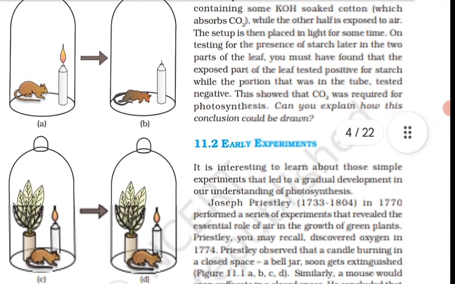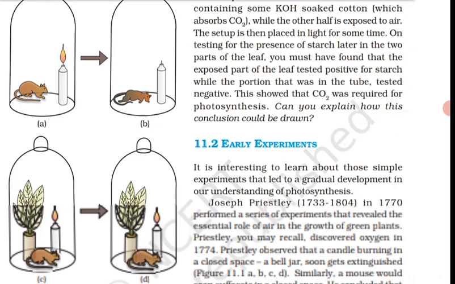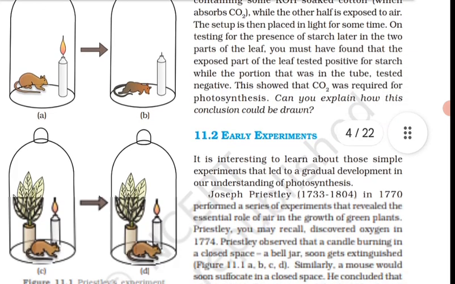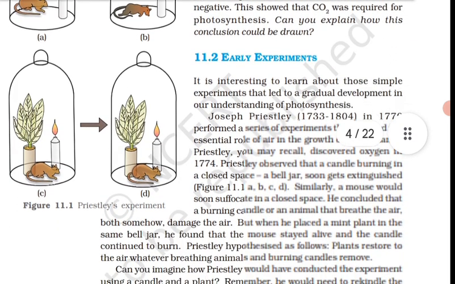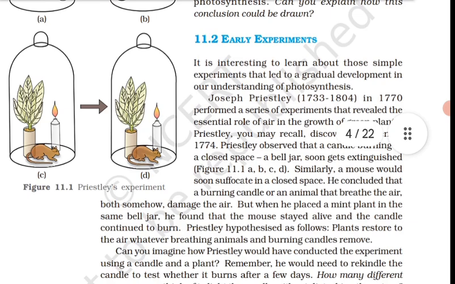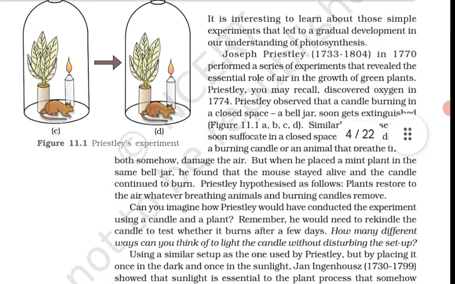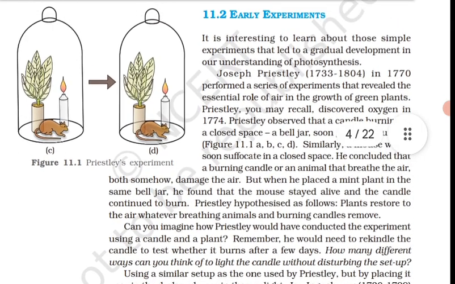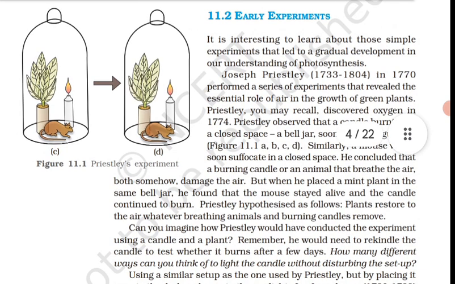Another experiment you may have carried out is where a part of a leaf is enclosed in a test tube containing some KOH soaked cotton, which absorbs CO2, while the other half is exposed to air. The setup is then placed in light for some time.